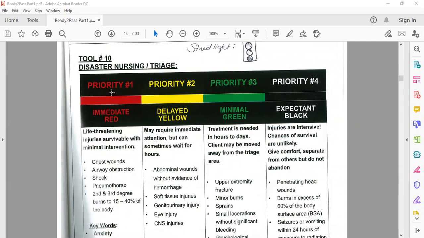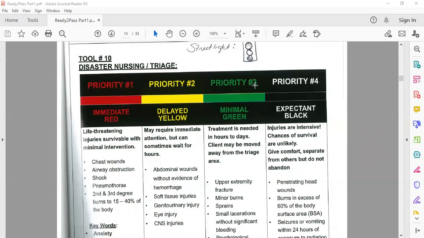One, or in some books it is written as class 1 or red tag, immediate care. Number 2, priority 2 or class 2, yellow tag, means a little bit of delay is not a big problem. And priority number 3 or class number 3 is green, minimal.